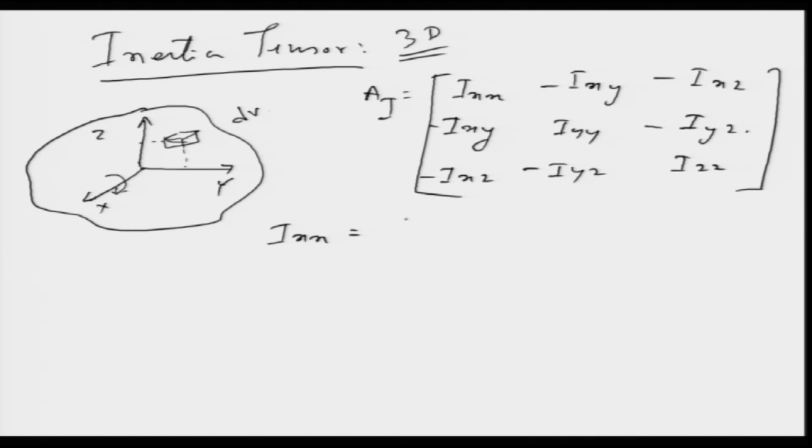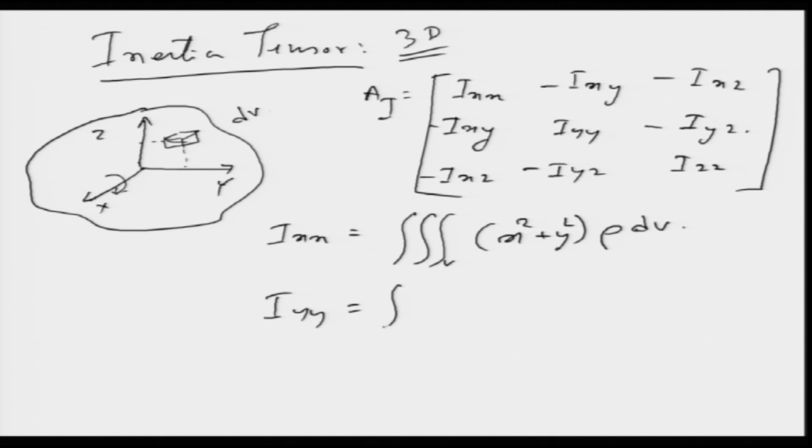In a very general, crude way of explaining it, this is y squared plus z squared, times rho dV. And this is rotation about the y axis, so it is x squared plus z squared, times rho dV.